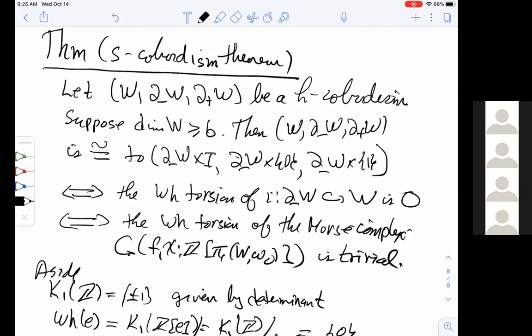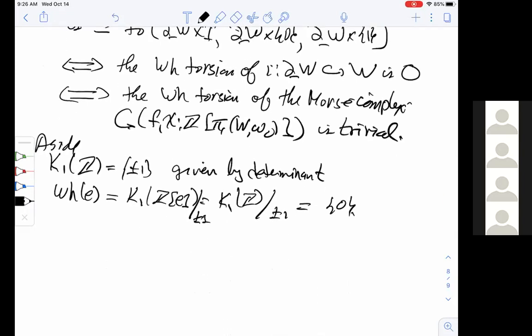In the non-simply connected case, there are lots of interesting s-cobordisms. I won't prove it, but it's not very hard to show that given any element in the Whitehead group and given a fundamental group G and given a manifold W with that fundamental group of any dimension actually, you can construct an s-cobordism whose Whitehead torsion is that element, starting with boundary minus W. So that's another aside.